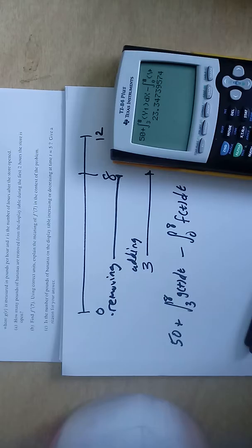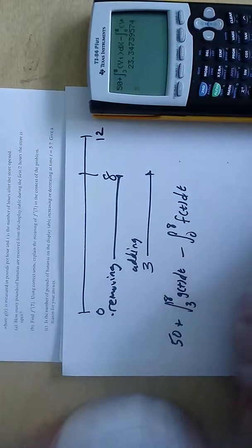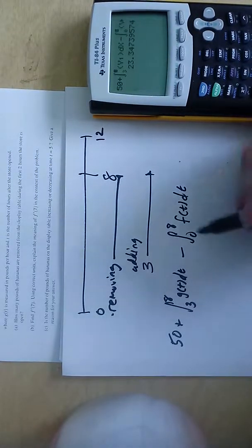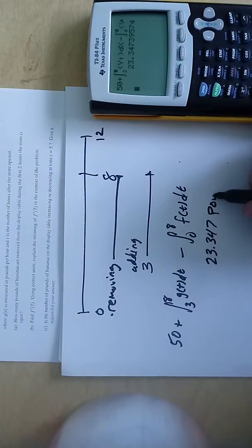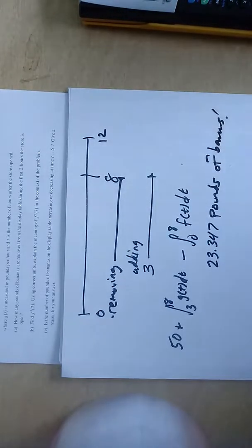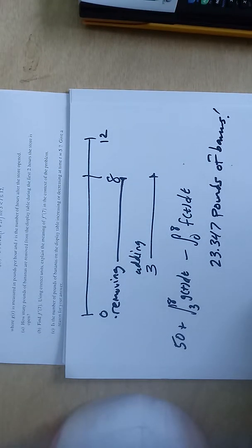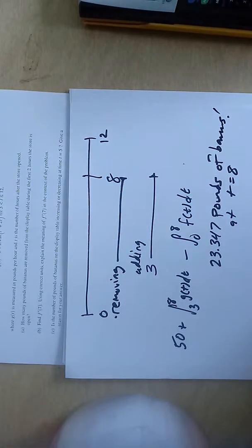And we should get that in the end, there will be 23.347 pounds of bananas at t equals 8.